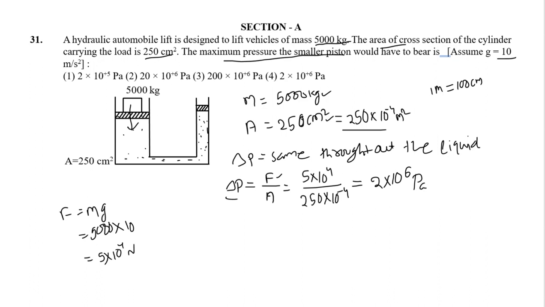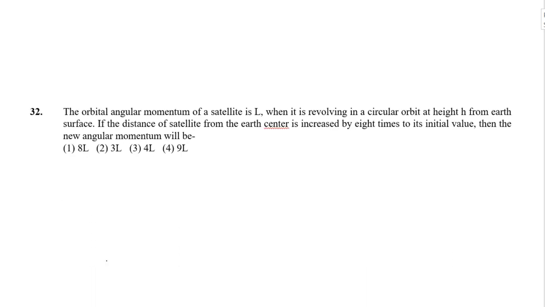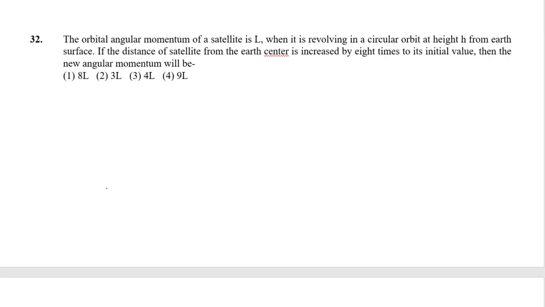We'll move forward. The second question is: the orbital angular momentum of a satellite is L while revolving around the Earth at a height of h.